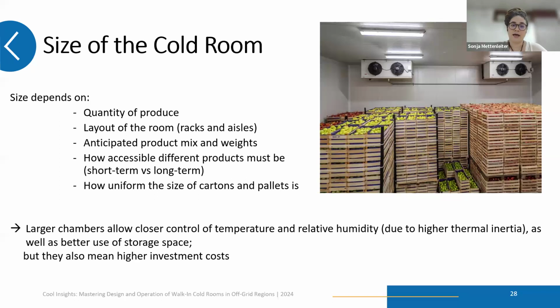Sometimes those weights make racks very difficult to implement. Another point is, how accessible do those different products in the cold room need to be? So we have short-term storage versus long-term storage. If the use case is a cold room where various products are inside, some have a quicker turnaround, quicker in and out, and others are there to be stored for a longer period of time, that needs to be considered.